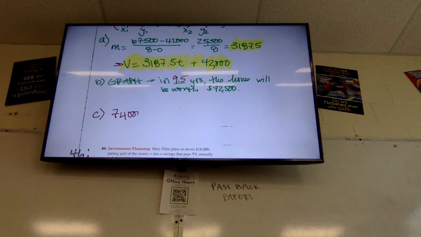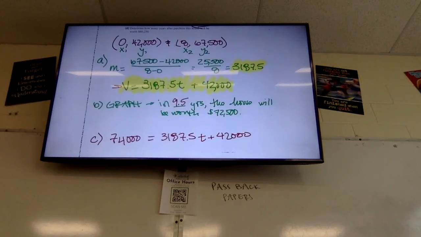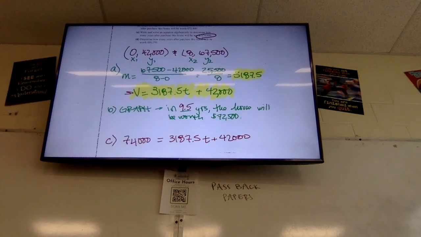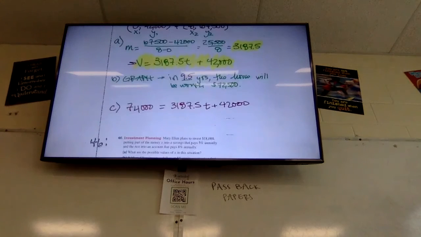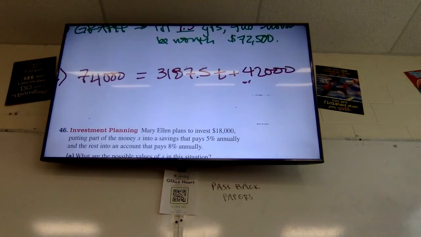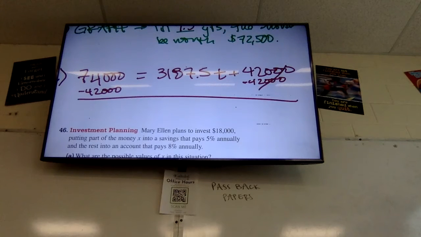74,000. Everything else is the same. And solving that will tell me after T years when this house will be able to be purchased for that much money. Minus 42,000 from both sides. 32,000.